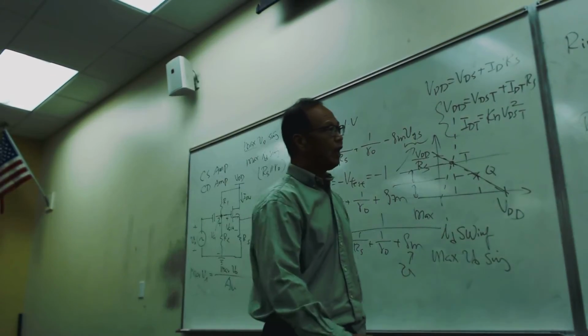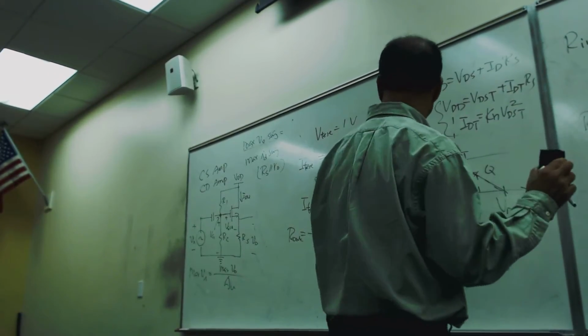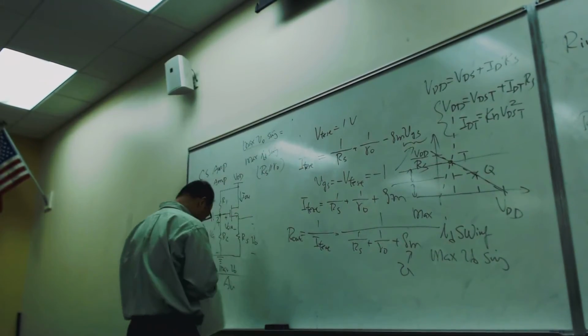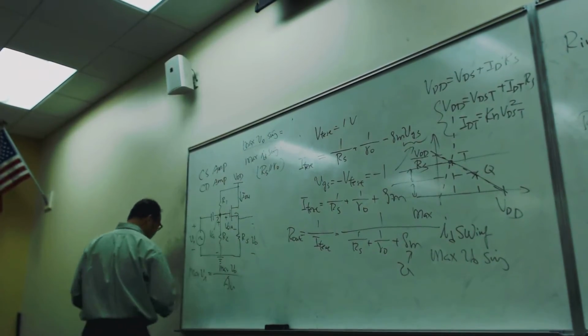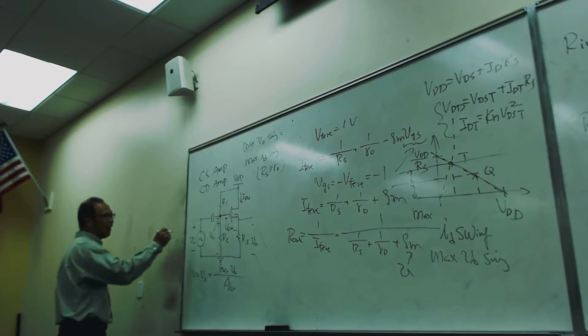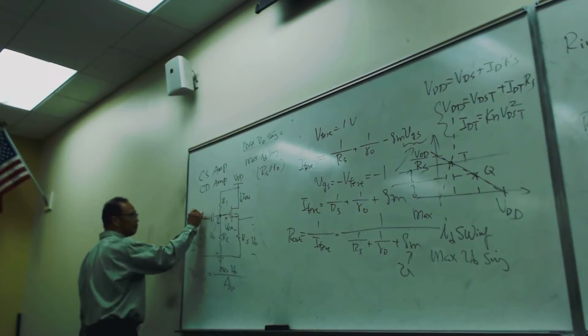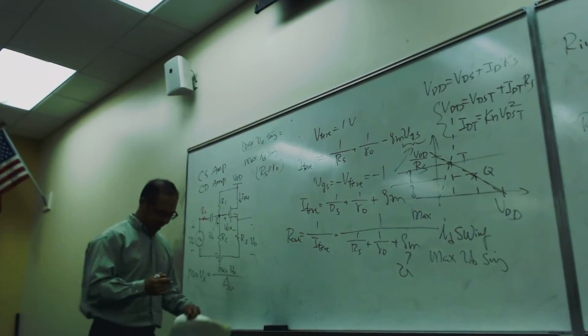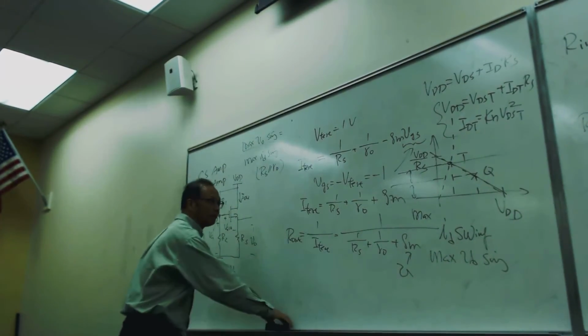All right, so I have finished this example. Now I would like to modify it a little bit, because sometimes you may see a circuit that has an R sub S. So now I'm going to tell you how to do this kind of problem.